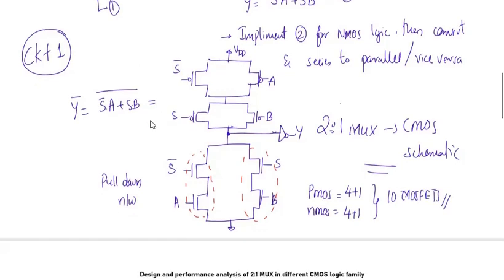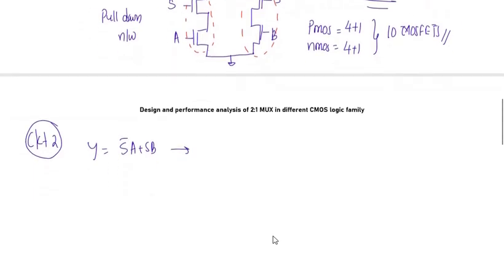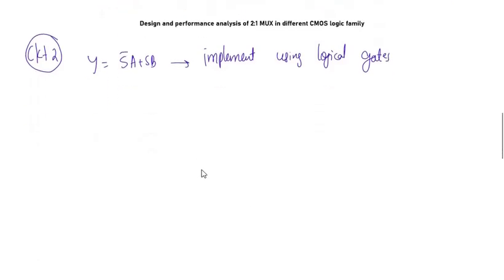Now the second circuit. What I was supposed to do was, in fact, directly take the original equation, S bar A plus SB. Now the same thing I can implement using logical gates as well. So how do I implement it?